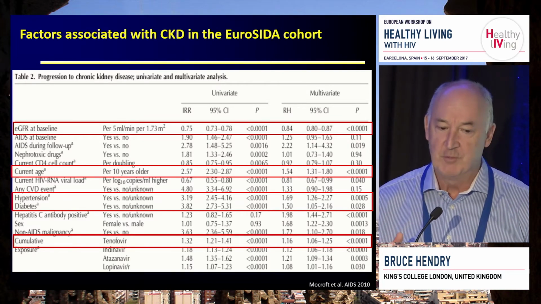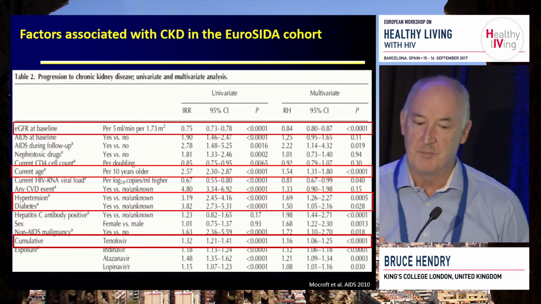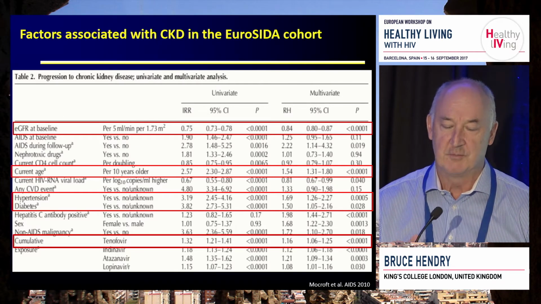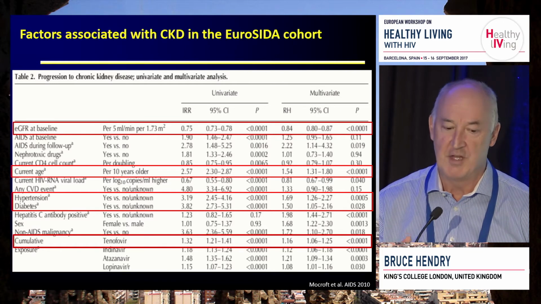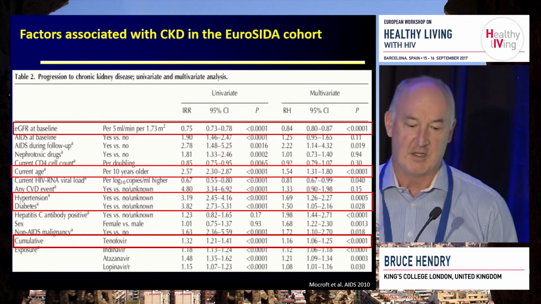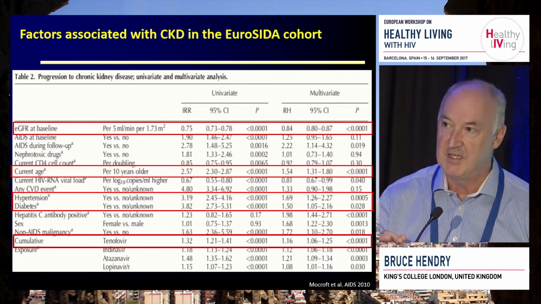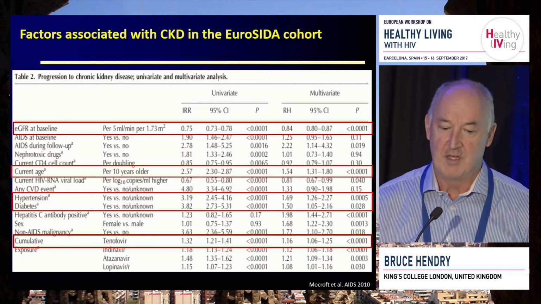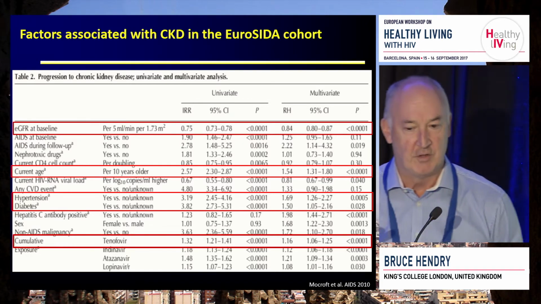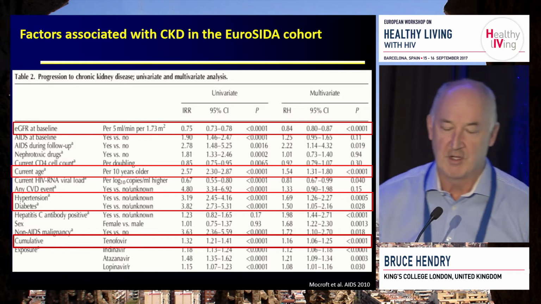These are multiple: function at baseline, low function, older age, patients with comorbidity, hypertension, diabetes, and then you see at the bottom the cumulative exposure to some key ART, and I'd focus here on tenofovir, TDF, atazanavir, and boosted lopinavir. These are consistent findings, not just found in the EuroSIDA cohort.